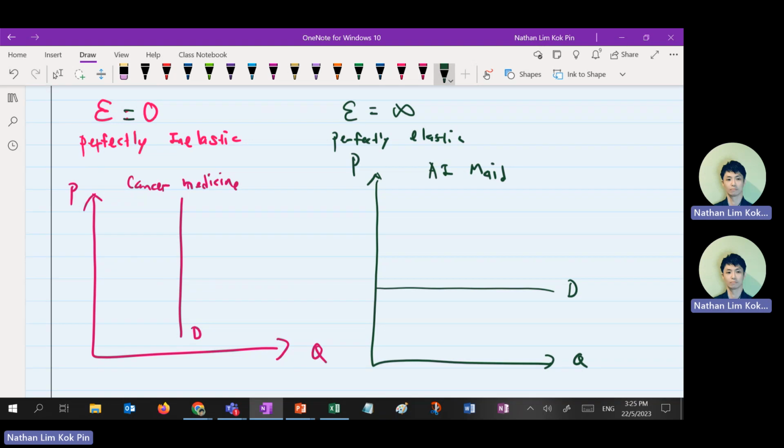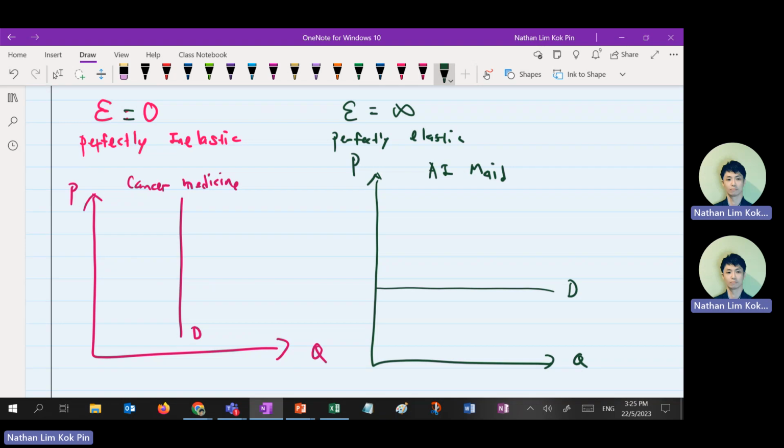So if the price is very attractive, everyone will buy one. You will buy an AI maid that will not run away, you don't need to give it extra food, and you don't need to apply for a visa for it. It can help you clean whatever you like.